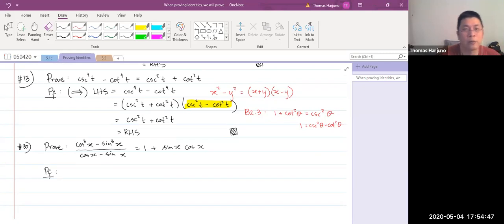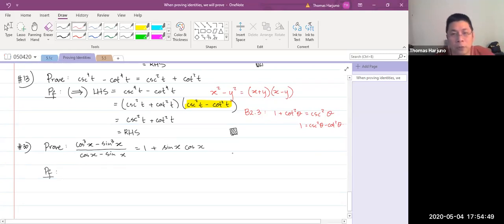Now, the thing that you have to memorize is difference of cubes: x cubed minus y cubed is equal to x minus y times x squared plus xy plus y squared. Okay, that's what we will use.